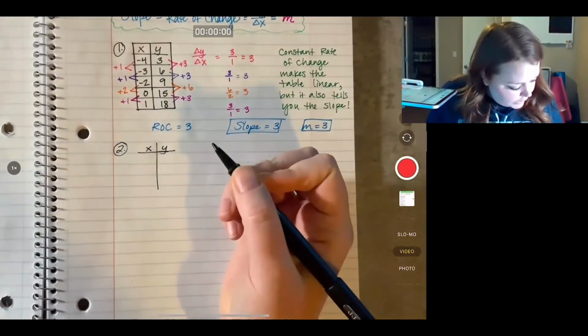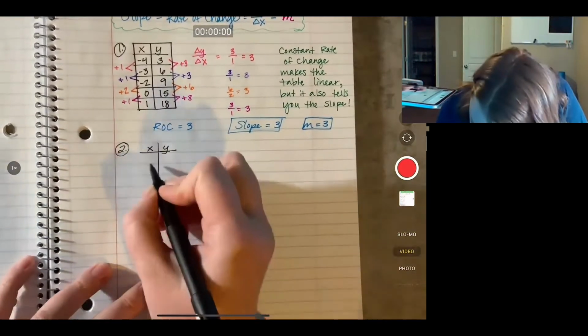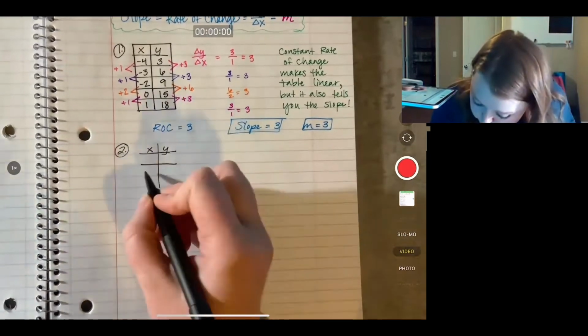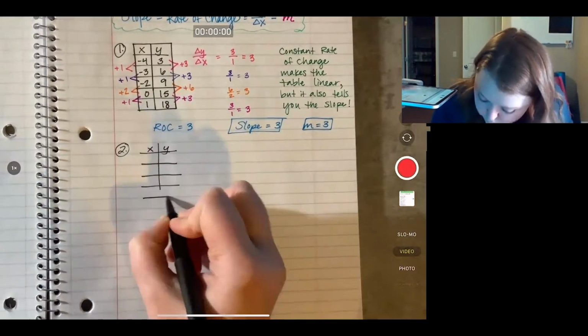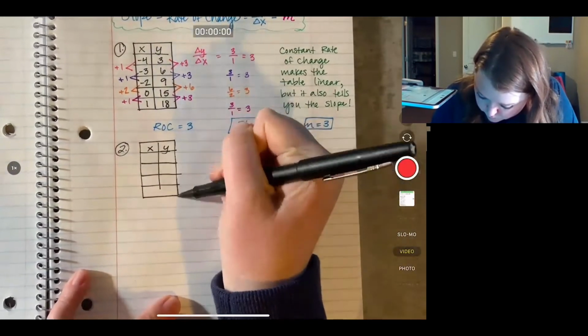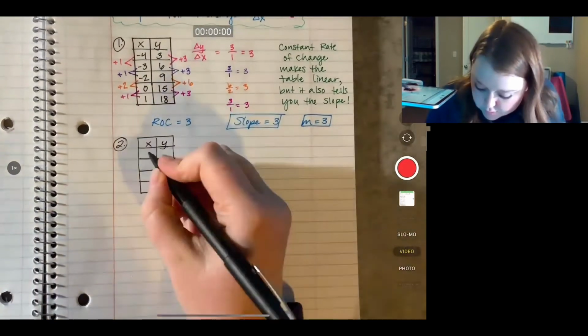This one also has 5 rows. You know what, we're just going to do 4 rows. First ordered pair 8, 2.